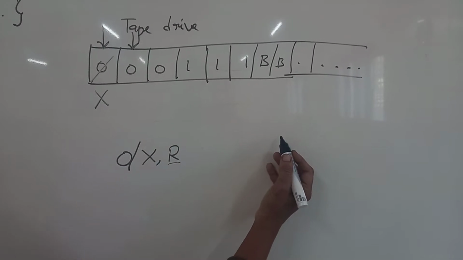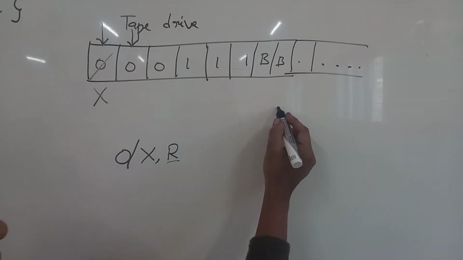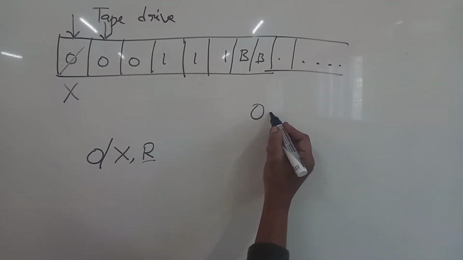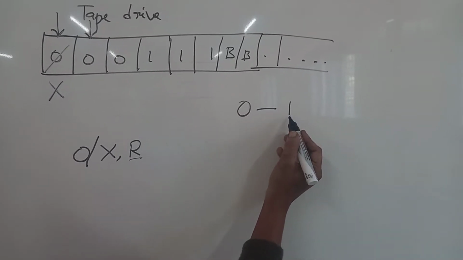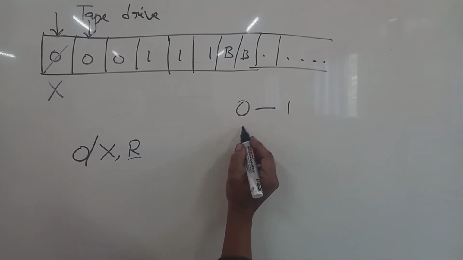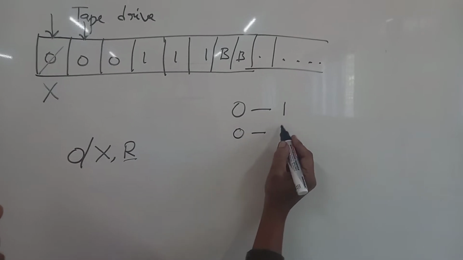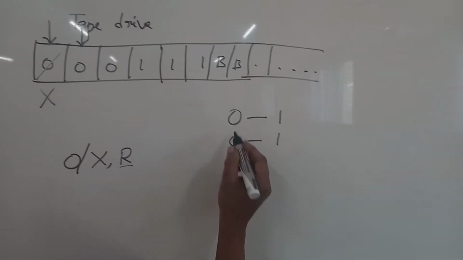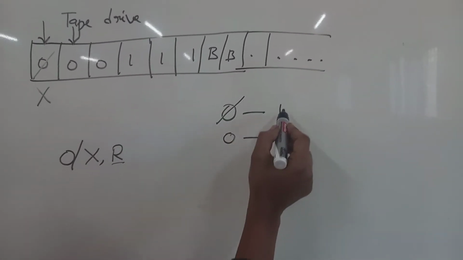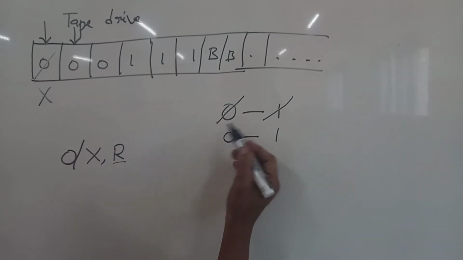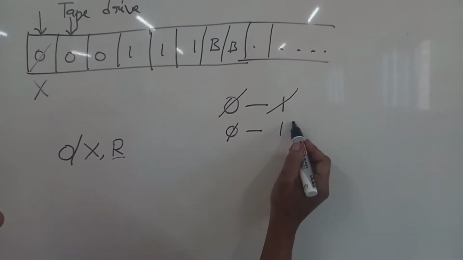For the first 0, we need to find the first occurrence of the symbol 1, and for the next 0, we need to find the next occurrence of the 1.